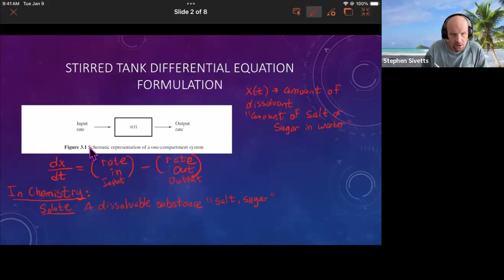You'll have what is called a solvent, right? A solvent is a solute mixed in with another substance.